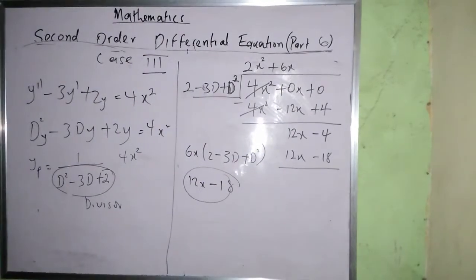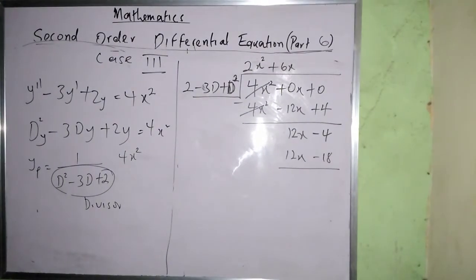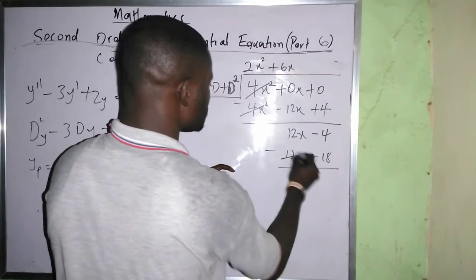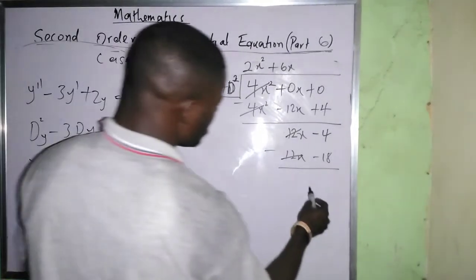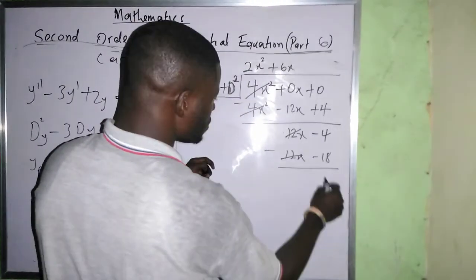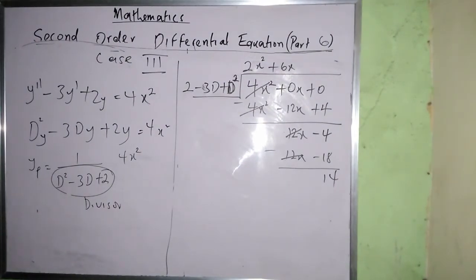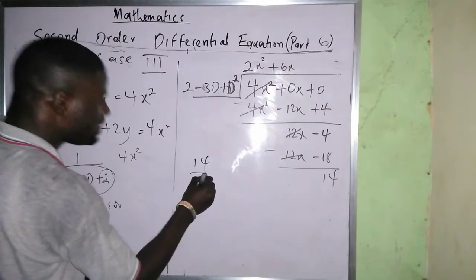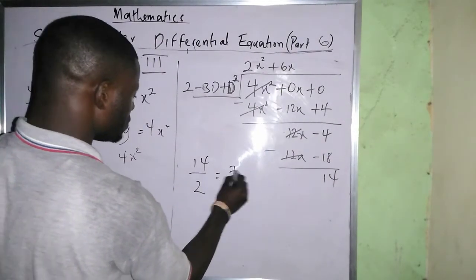Now, I'll move on to this one, where I'll be having this minus this. It's going to be 14. Now, the next one, I will move on again. 14 divided by 2, which is going to be 7.